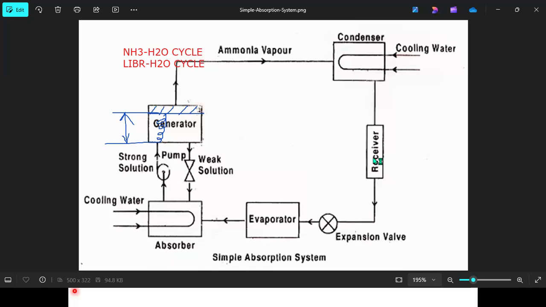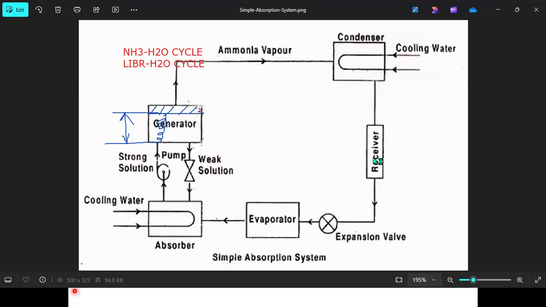I told you guys, at low pressures, the boiling point also is throttled down, isn't it? I told you for 1 atm pressure, the boiling point is -30. But if the pressure is too low, what will happen? The boiling point also will be throttled down. So after crossing the evaporator, the ammonia should probably be in the vapor phase itself. Clear? That means low pressure vapor. That's the difference, not the high pressure vapor.